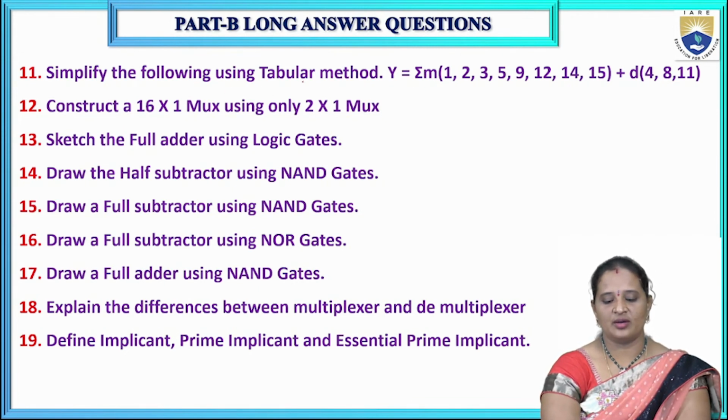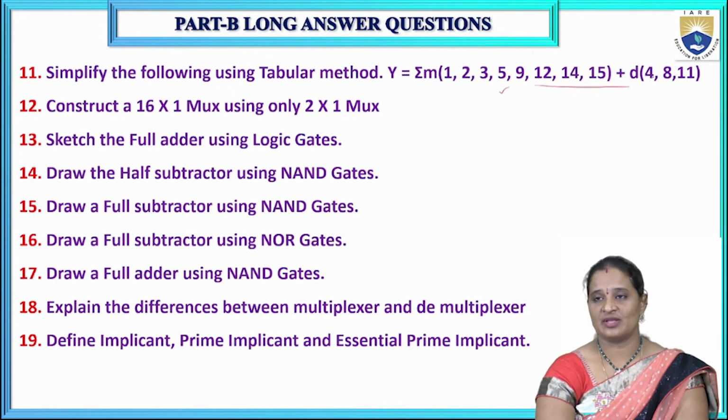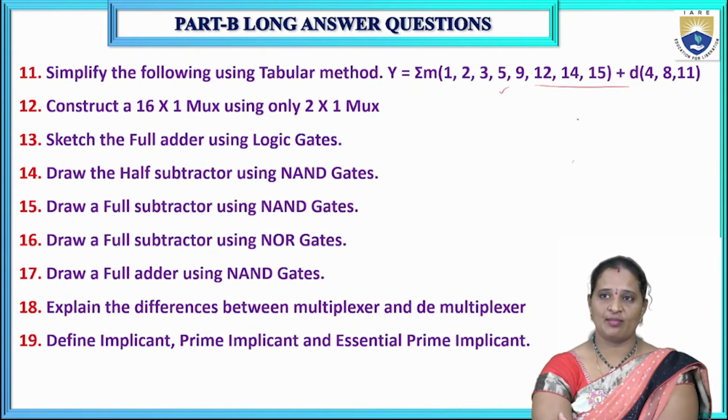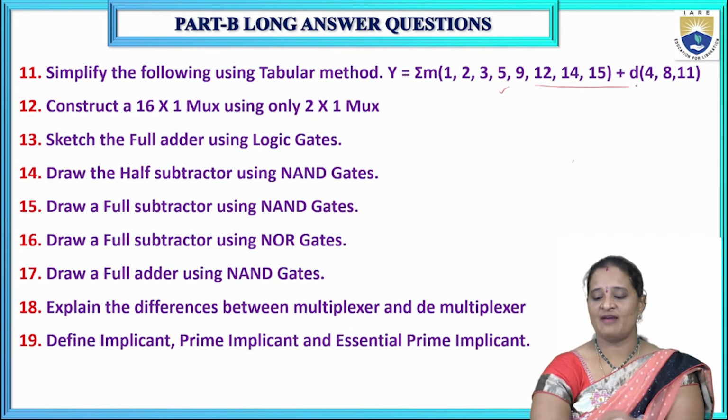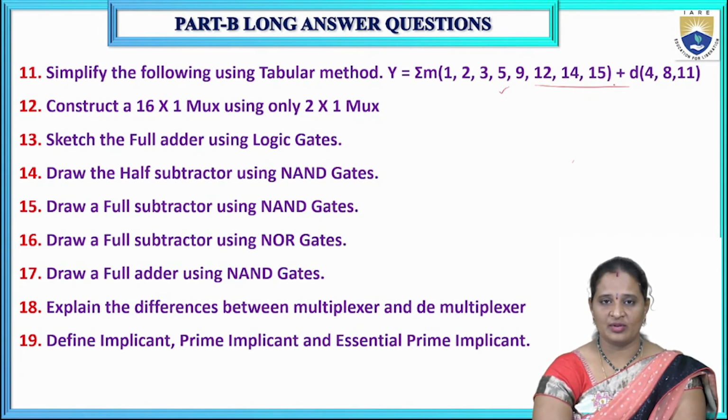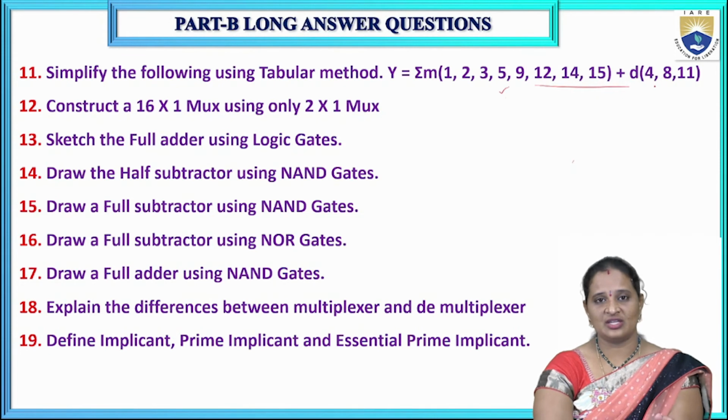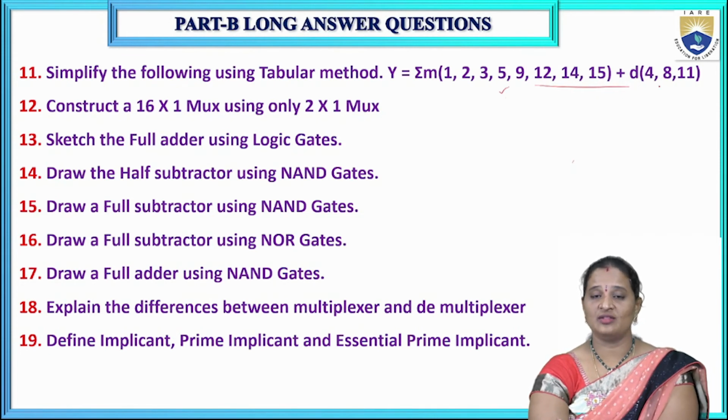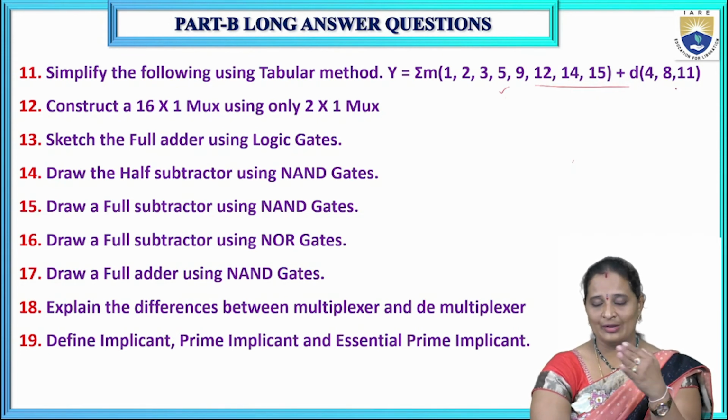Simplify the following Boolean function using tabular method. So just go through the algorithm of tabular method, how to simplify the Boolean function. While we have don't care conditions included in the Boolean function, while constructing the table, you need to consider these don't cares also. While grouping the minterms, you should consider the don't cares.